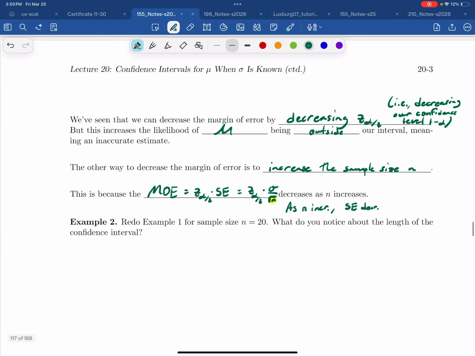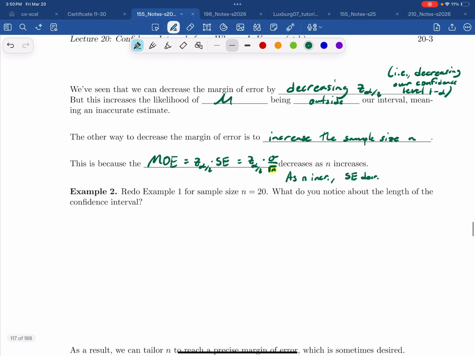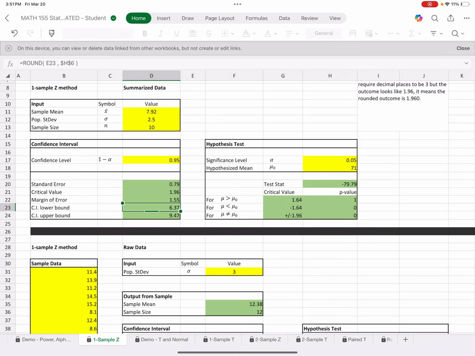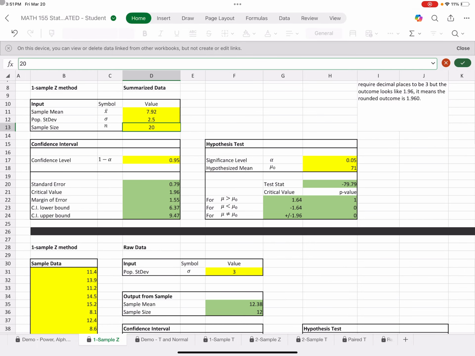Okay. So anyway, they say redo example 1 for n equals 20. Let's see what happens to the length of the interval. Well, let's go back into Excel, and we just change this to 20. 6.82 and 9.02.